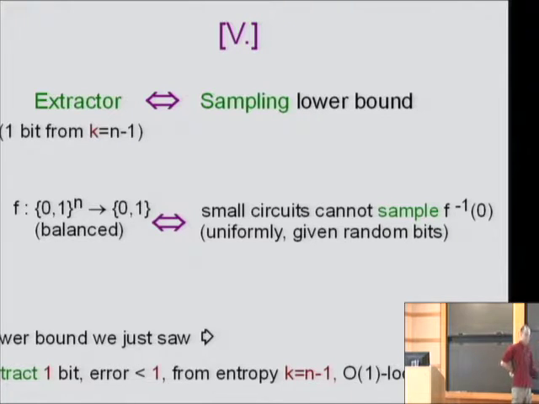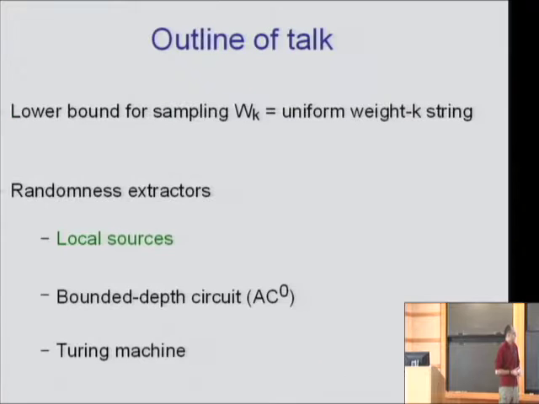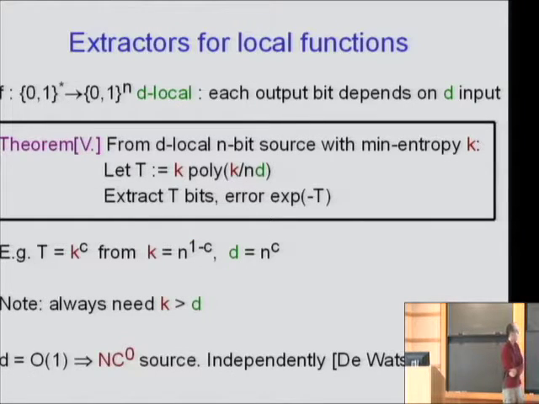I'm going to prove a bunch of other lower bounds which are independent of those things. For that particular distribution, I don't know how to do it, but for other distributions, I can do it. Okay, so after this connection, I'm going to tell you about extractors and lower bounds for a bunch of models. So the first one is the local model.